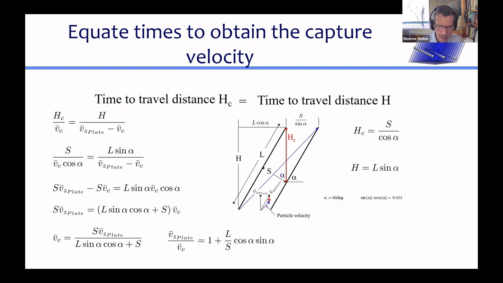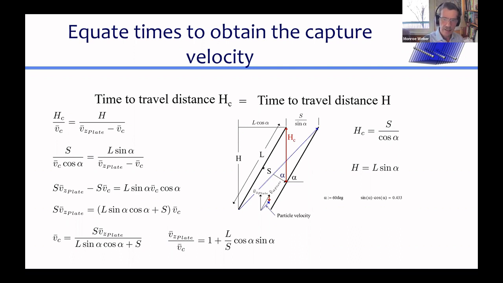And what does that mean? Well, VZ plate is a big number, like a millimeter per second. I know that's not very big. VC is a tiny number, like 0.1 millimeters per second. So VZ plate over VC is a number something like 10.